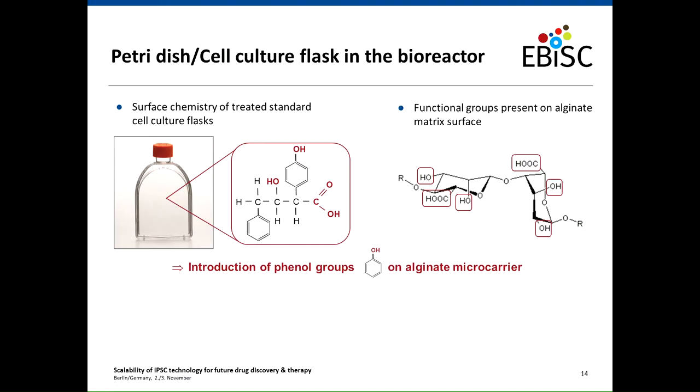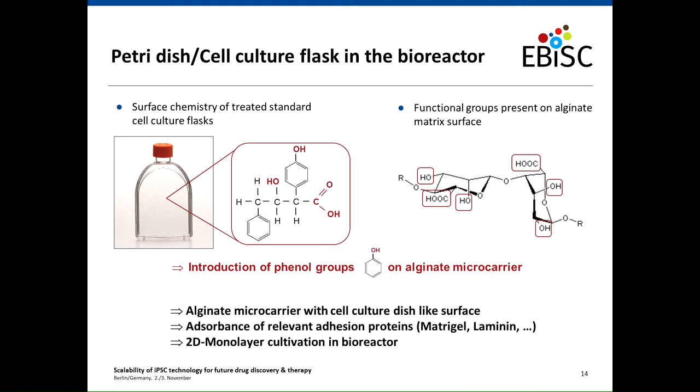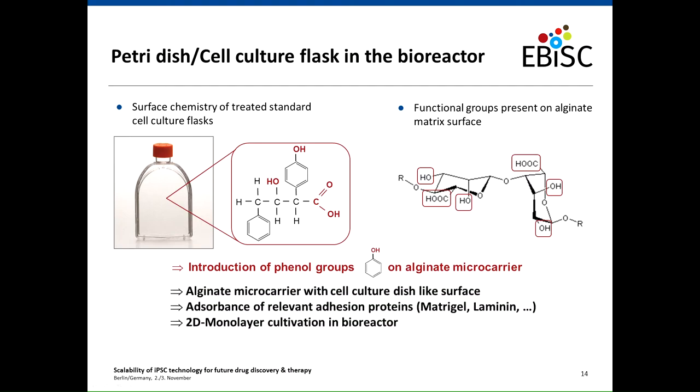So we developed a strategy and procedure to couple a linker with phenol groups to the alginate microcarrier. With this technology, the alginate microcarrier has the same surface chemistry as a cell culture dish.